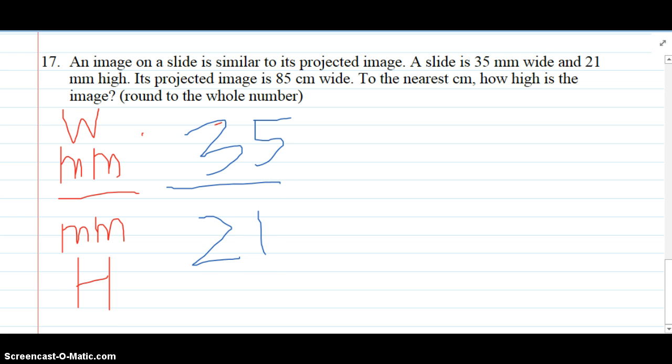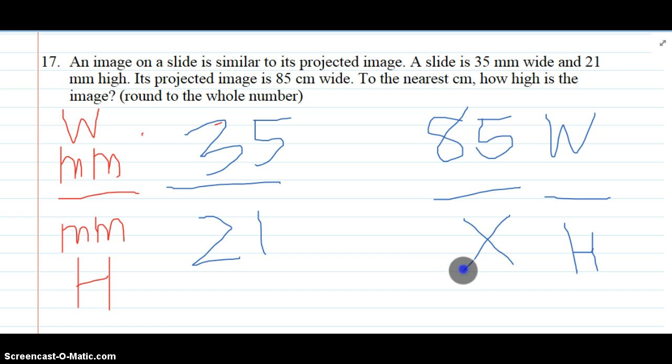So I'm just going to choose to write my proportions with the ratios as width over height. So the width of the projected image is going to be 85 for the width, and I'm looking for the height, so that's going to be my x. I need to make sure I have an equal sign in between there. So from here, I'm going to do some cross multiplication to find my answer.